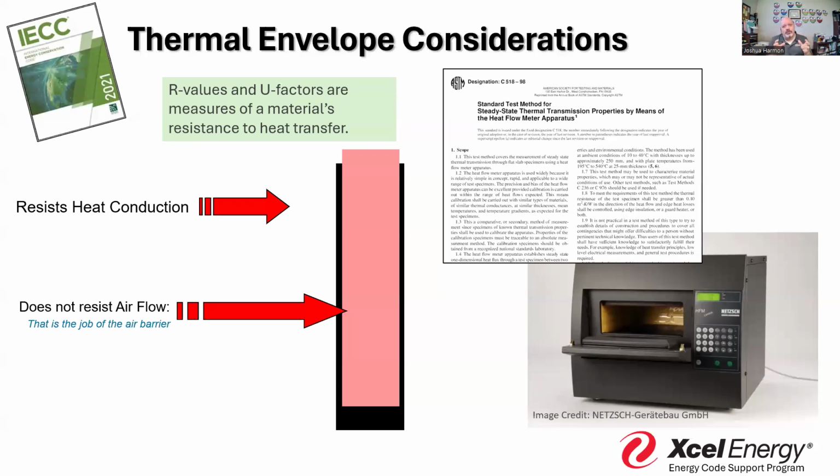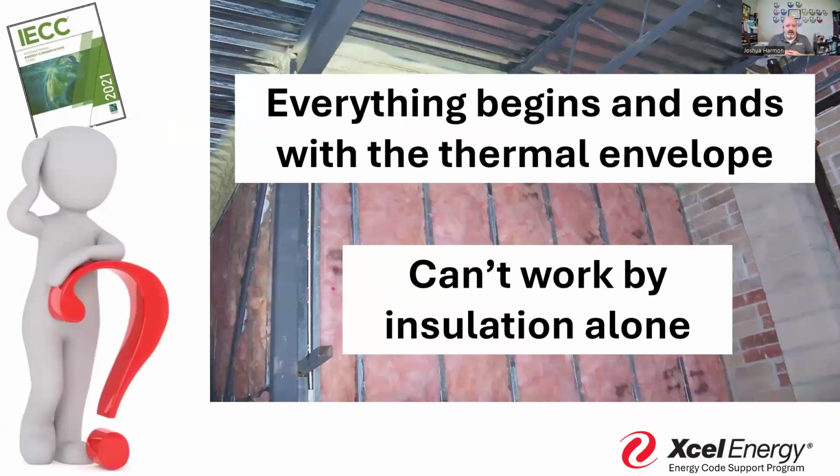So again, that thermal envelope is doing more than one thing. It's not just about heat conduction. It's also about air control, right? And so they're tested, they have different expectations. And so part of that is understanding that if we've designed it to use a certain type of material based on certain characteristics or qualities, then we want it to perform the same way, right? It's not just the thermal envelope, and it's not just insulation.